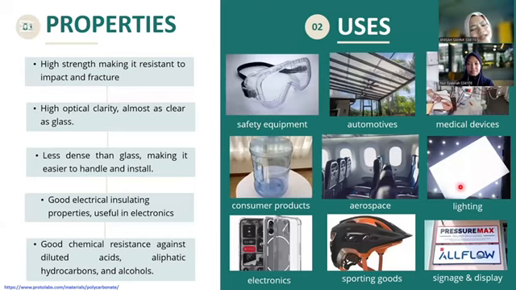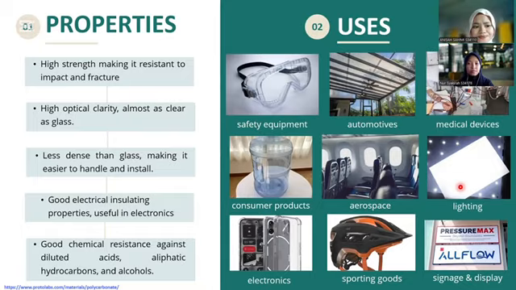Polycarbonates have a large number of applications due to their properties. So we will look at the polycarbonate properties first. The first one, polycarbonate has high strength, making it resistant to impact and fracture. The polymer can maintain its toughness up to 140 Celsius and down to -20 Celsius.